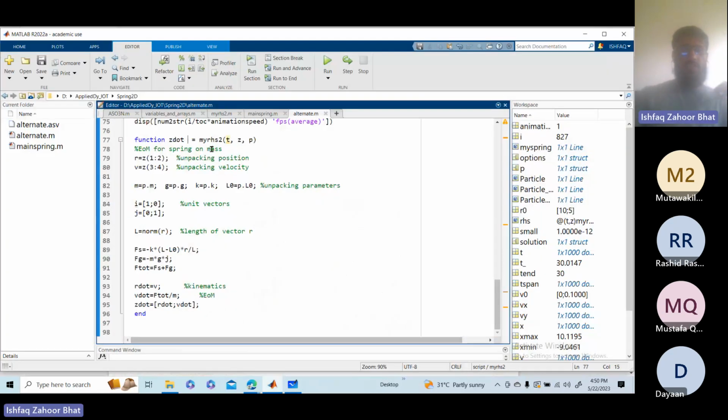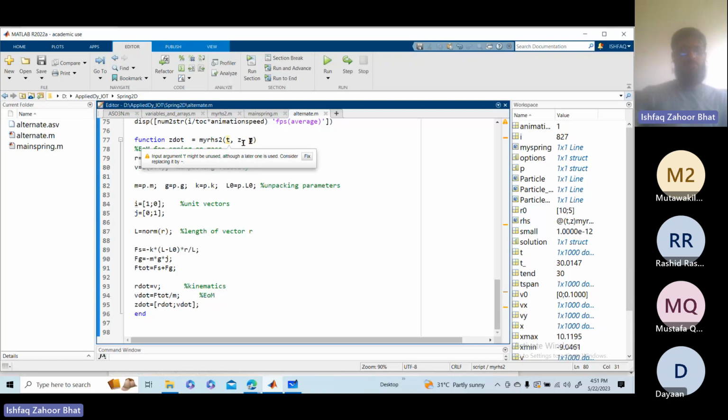I have named this function RHS, and you will see why I have named it so. I will give this function input as z, and obviously my parameters. If I don't know the spring constant and other things, obviously your z dot will depend on those parameters. So I will give input as parameters and the time at which I want to calculate z dot, and obviously it depends upon z.